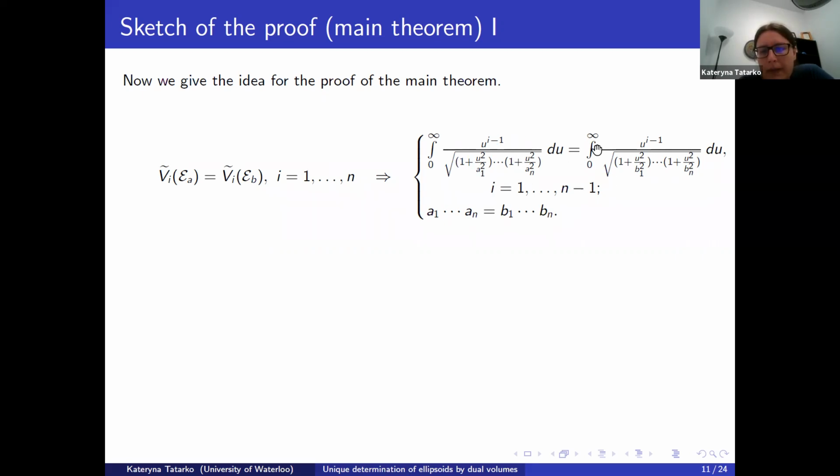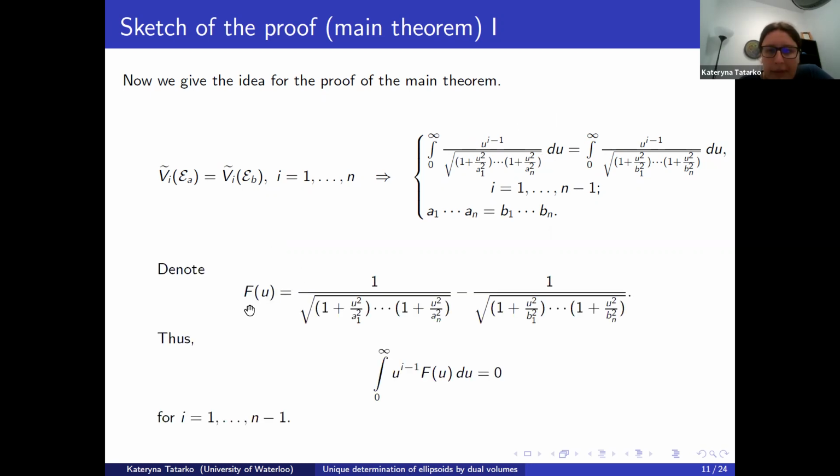We will simplify in such a way that we move the two integrals to one side and collect terms, and the function that stands in front of the powers of u we call F capital. This is just a difference between these two fractions. Then all these n-1 conditions can be rewritten in this form.